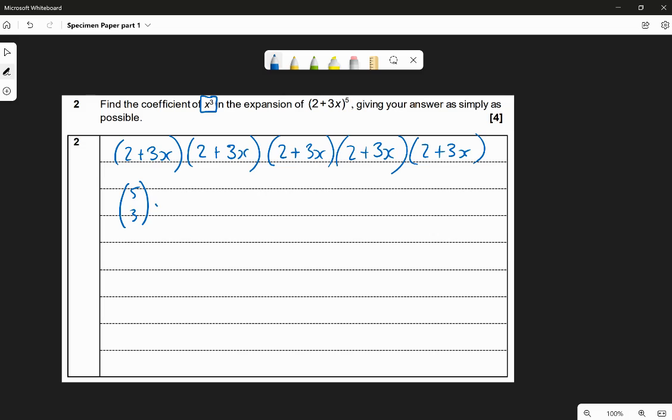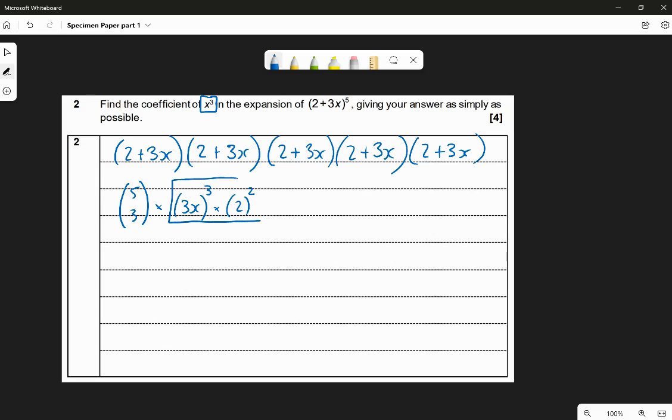So that's how many different ways there are of doing this calculation. And the calculation is 3x times 3x times 3x, so 3x to the power of 3, and then times by 2 from the other brackets. So there are 2 brackets left, so 2 to the power of 2. So that is the calculation that would give me all the different possible ways of getting the x cubed term.